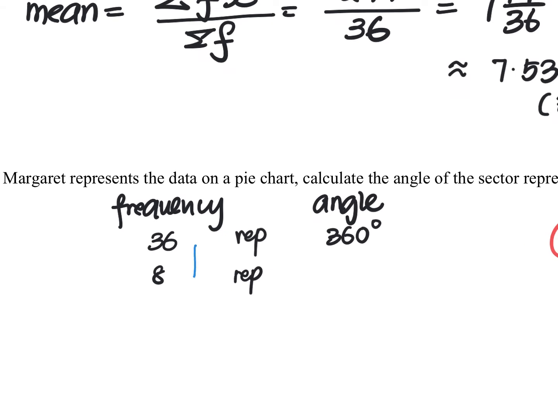This will be 8 divided by 36 times 360, which gives exactly 80 degrees. So the angle that will represent this data value will be 80 degrees.